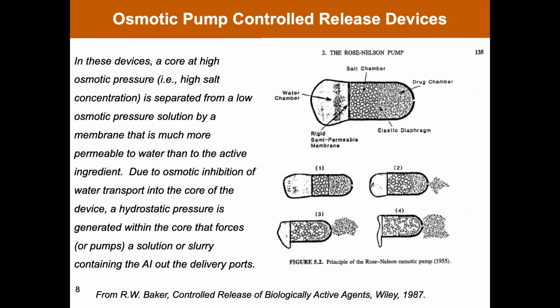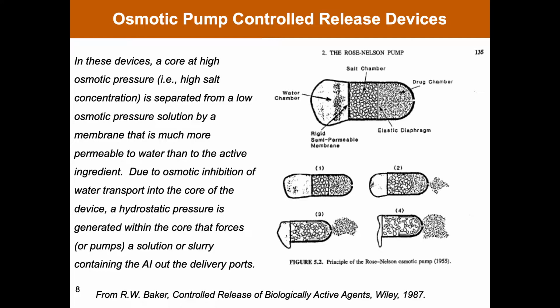Another type of device that is used to release compounds that wouldn't normally be readily released into an environment in which they're not soluble is so-called osmotic pumps. It's called a Rose-Nelson pump after the people who invented it. It's been around quite some time. And the idea in this particular case is there is a drug in one end of this device.